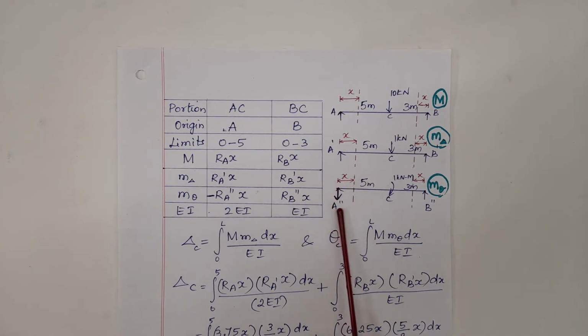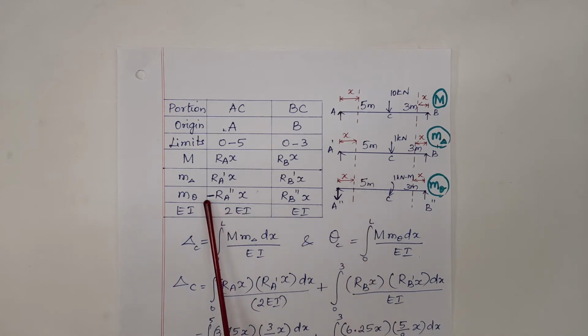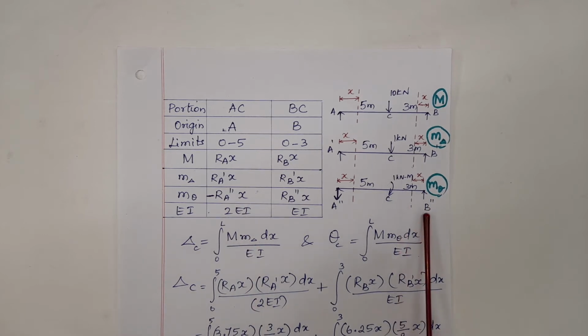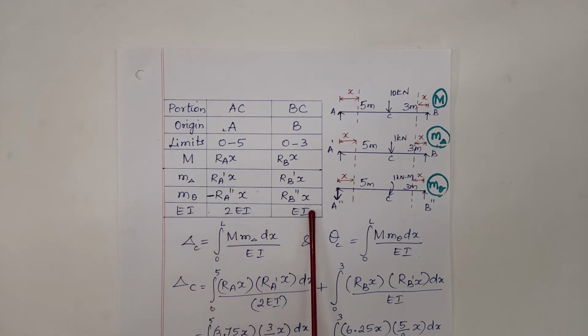So this is a hogging bending moment, or negative bending moment. So I write minus RA double dash into X. Towards the right side, RB double dash into X causes a moment which pushes the beam down, so sagging bending moment. So I put plus RB double dash into X. And EI variation is shown here because it is a stepped beam.